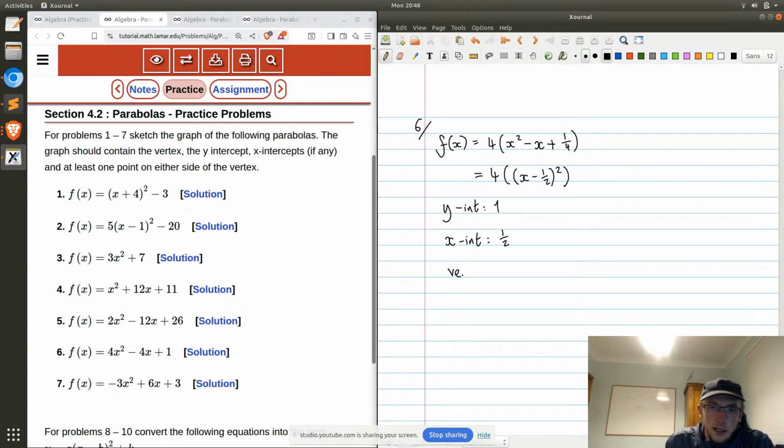And the vertex is a half, comma 0. Okay, so it has a sort of repeated root where it touches the x-axis exactly once.